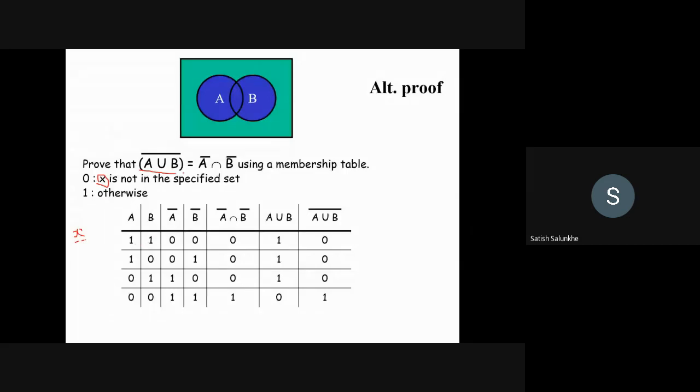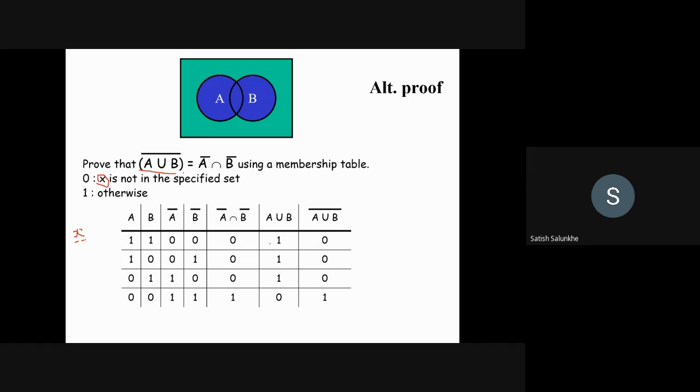Somewhere it should be belonging, either A or B. If any set contains that X element, then it is belonging to A union B also. So it is belonging to A, it is belonging to B. Somewhere it is belonging, therefore it is belonging to the union also. Belonging to A, not belonging to B, but somewhere it is belonging in the union. In one of the sets it is belonging, therefore A union B is also 1. Nowhere it is belonging, it is 0.